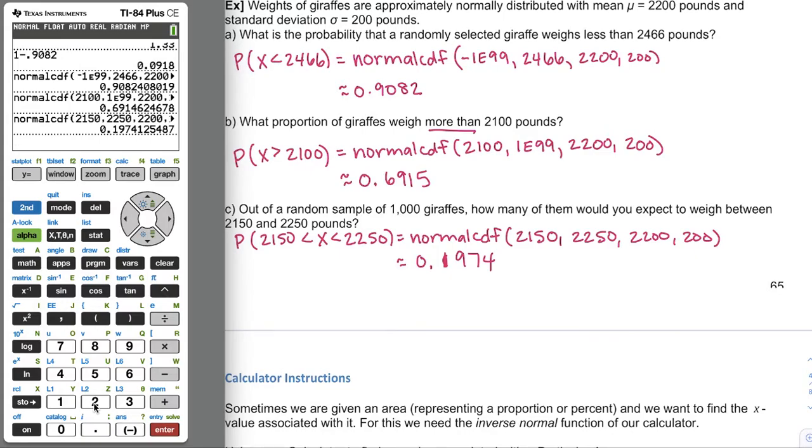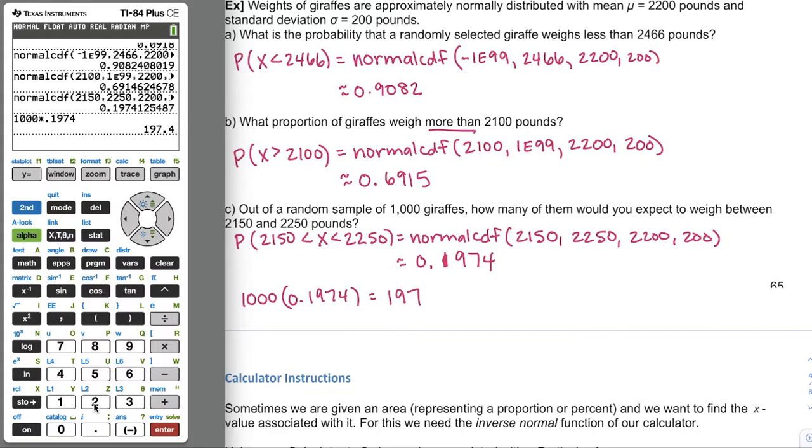To find the expected value, we need to take that probability and multiply it by the sample size, which is 1,000. So 1,000 times 0.1974. Let's round it to a whole number, 197.